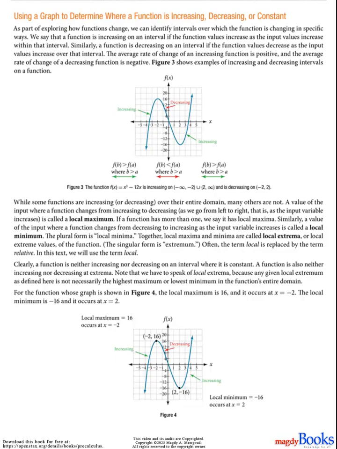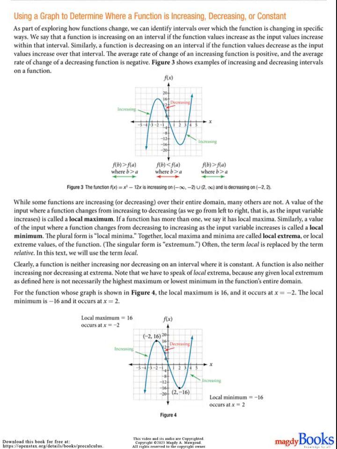While some functions are increasing or decreasing over their entire domain, many others are not. A value of the input where a function changes from increasing to decreasing as we go from left to right, that is, as the input variable increases, is called a local maximum. If a function has more than one, we say it has local maxima.